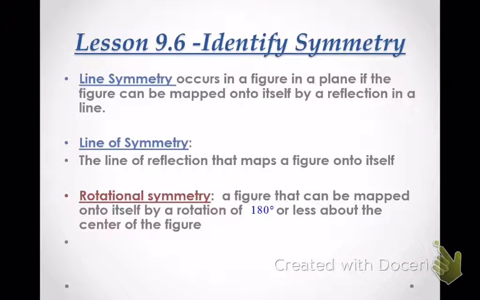So 9.6, identify symmetry. A line of symmetry occurs in a figure in a plane if the figure can be mapped onto itself by reflection in a line. A line of symmetry is associated with a reflection. A line of symmetry is a line that maps a figure onto itself.